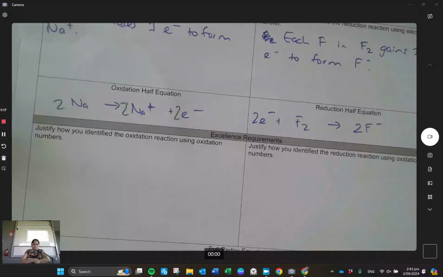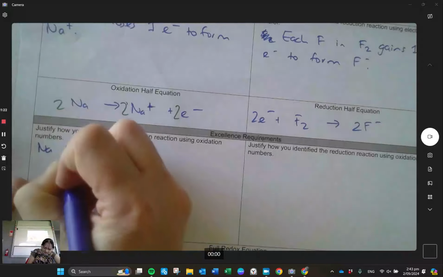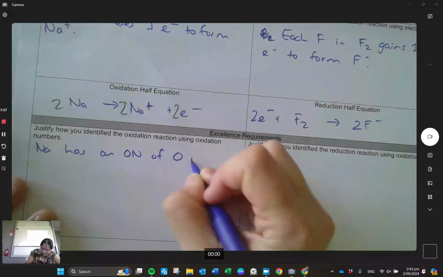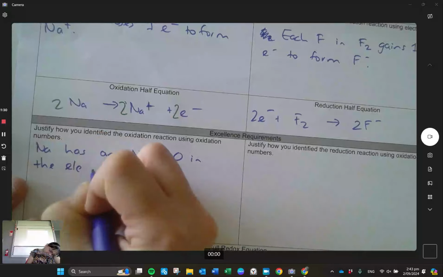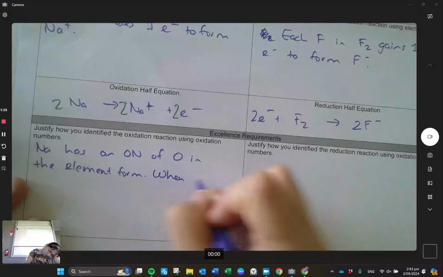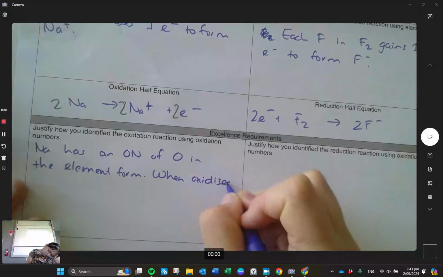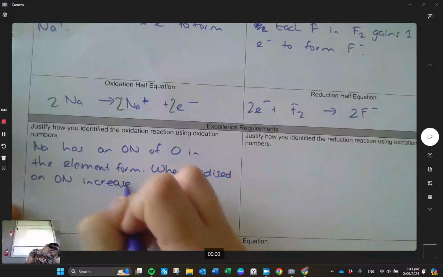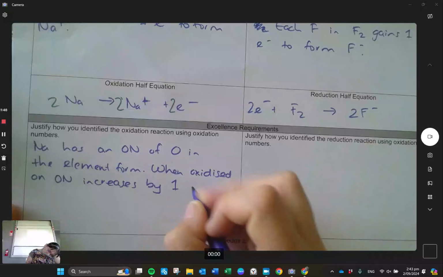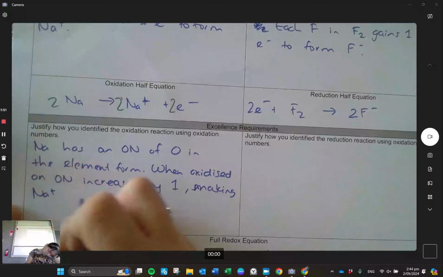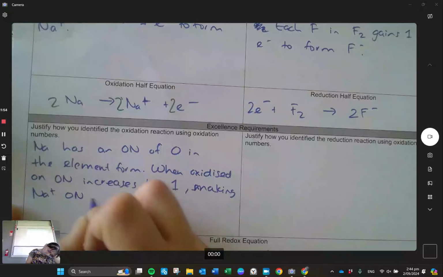So for example, with the oxidation number here, I would say sodium has an oxidation number of 0 in the element form. When oxidized, the ON increases by 1, making Na+ oxidation number +1.